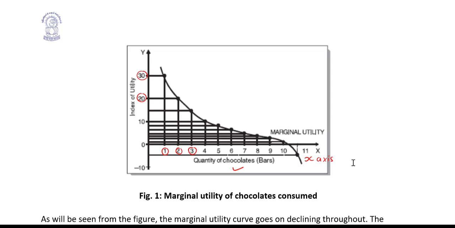On the third unit of consumption of chocolate, the utility was somewhere between 10 and 20. And accordingly the utility goes on further. This is the way the marginal utility is presented in a graphical form.